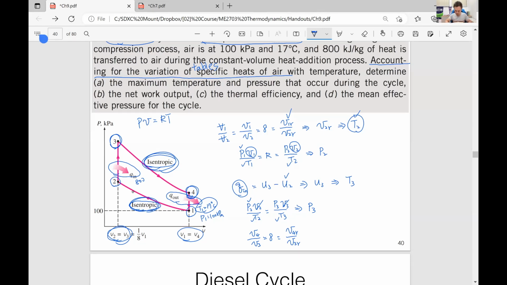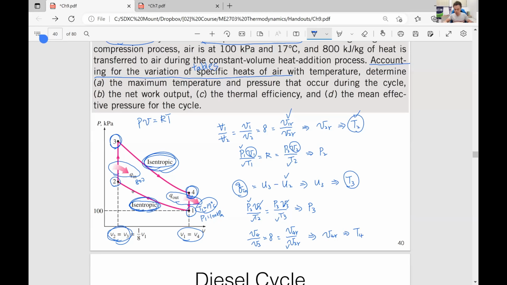Then you know V3R because T3 is known, so you can get V4R. Once you have V4R, you can use the table to get what T4 is.